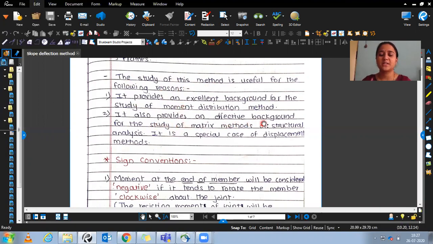It also provides an effective background for the study of matrix methods of structural analysis, and it is a special case of the displacement method. As we know, structural analysis methods are distributed in two groups: first is the force method and second is the displacement method. The slope deflection method is a displacement method of analysis.